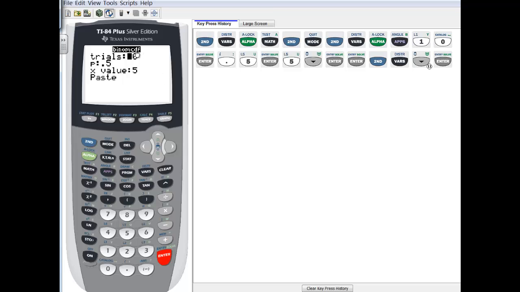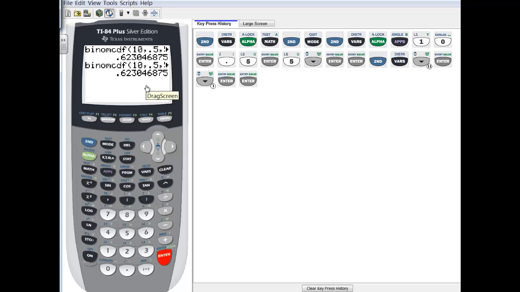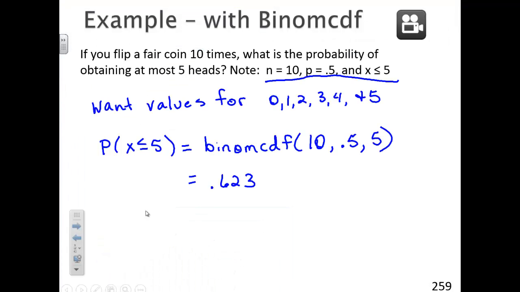Under number of trials, 10, probability 0.5, x value, we want it to add 0, 1, 2, 3, 4, and 5, so we're going to put 5 there. So page down to paste, and press enter, and enter one more time, and it gives us that result, 0.623. Going back to the slides for the next example.